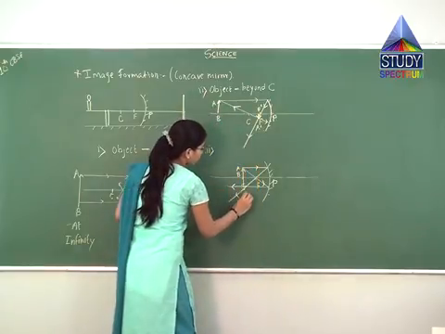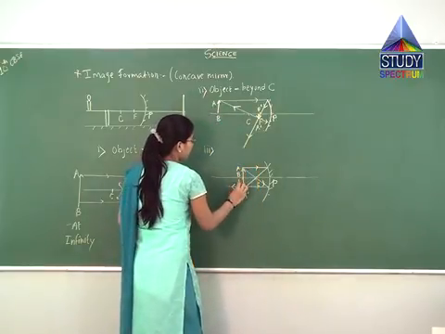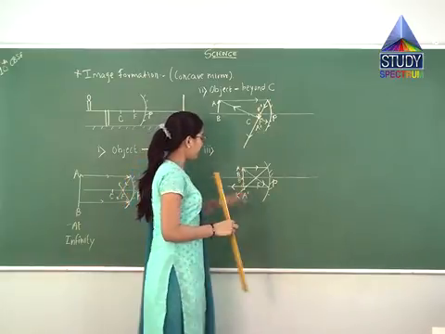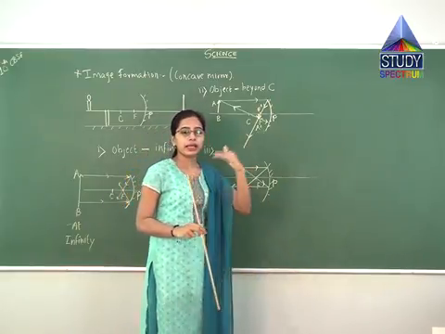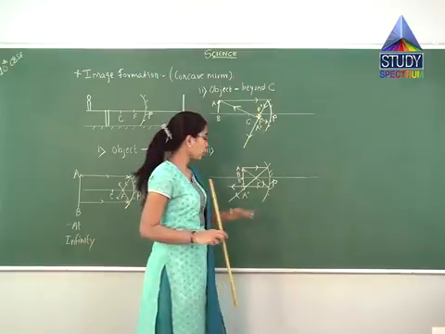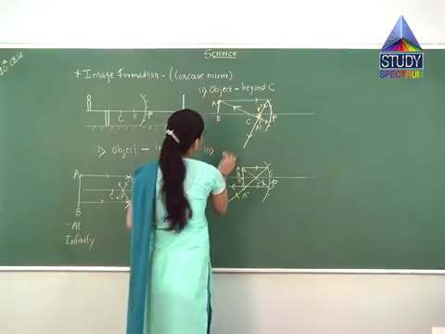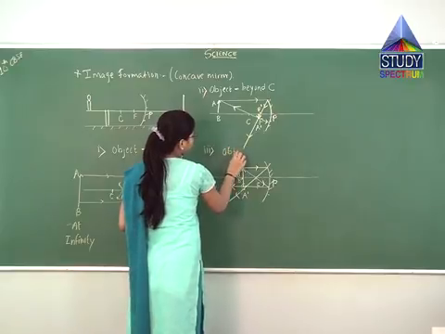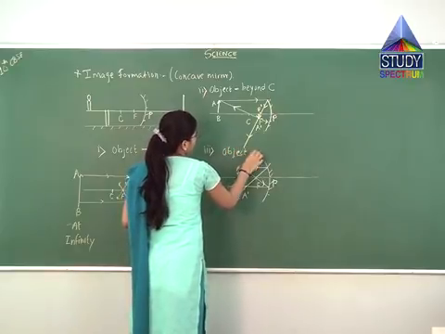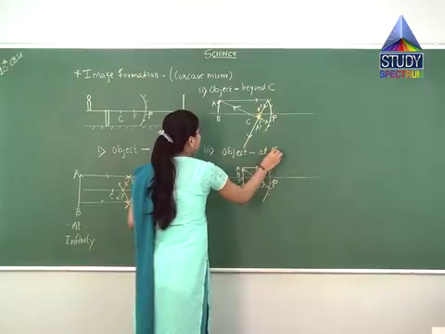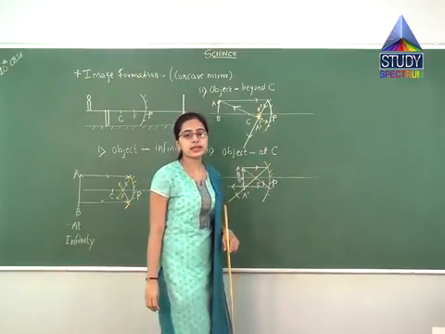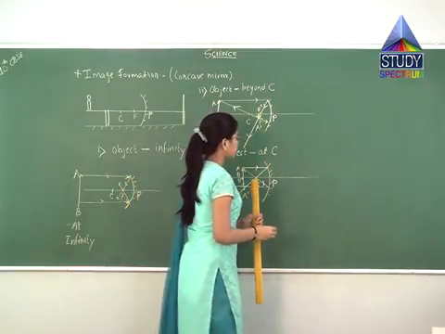So I will get the image as B dash A dash, means B dash is on the upper side and A dash is on the downward side. So this is the third case, where my object was placed at C, that is the center of curvature.